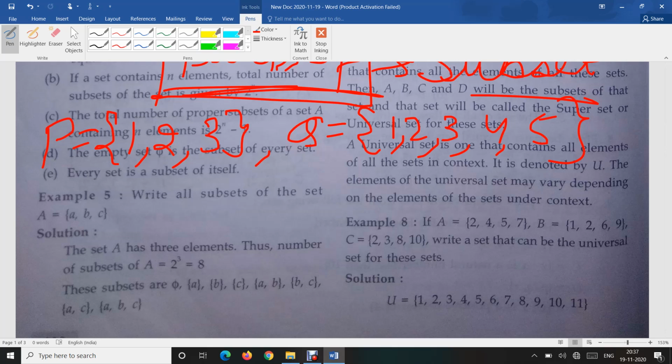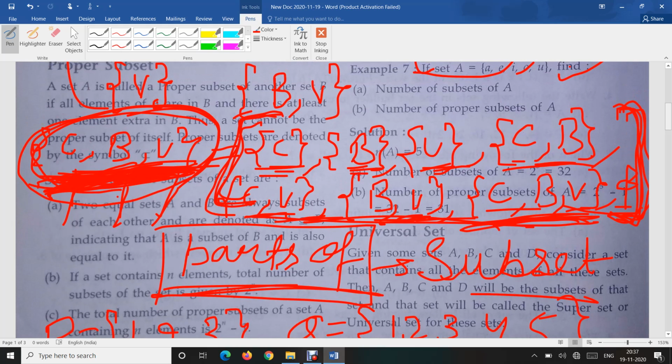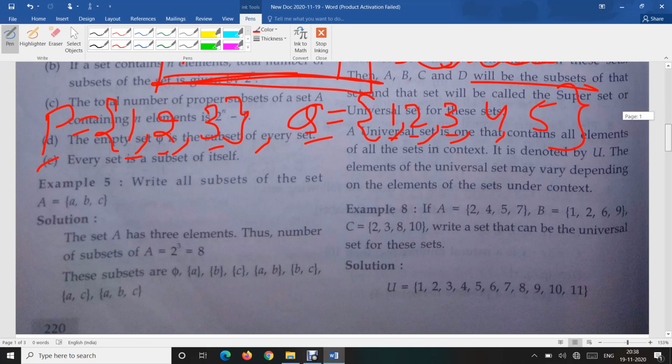You can see that 1, 2 and 3 are present in set P, and also 1, 2 and 3 are present in set Q. Now one thing you have to notice from the above part: C, B and V are present in the given set.